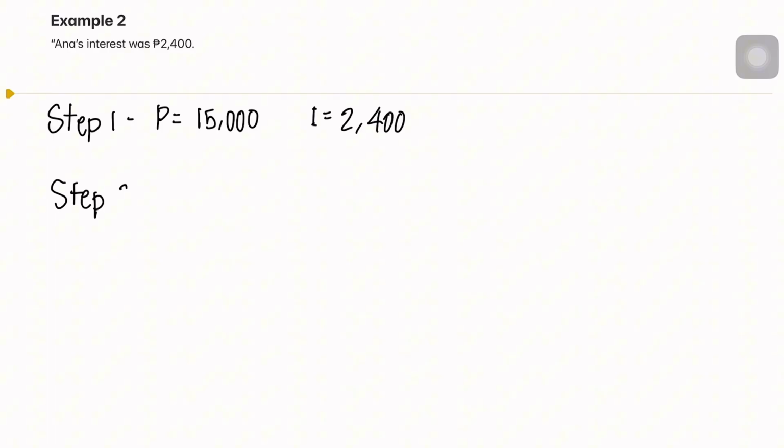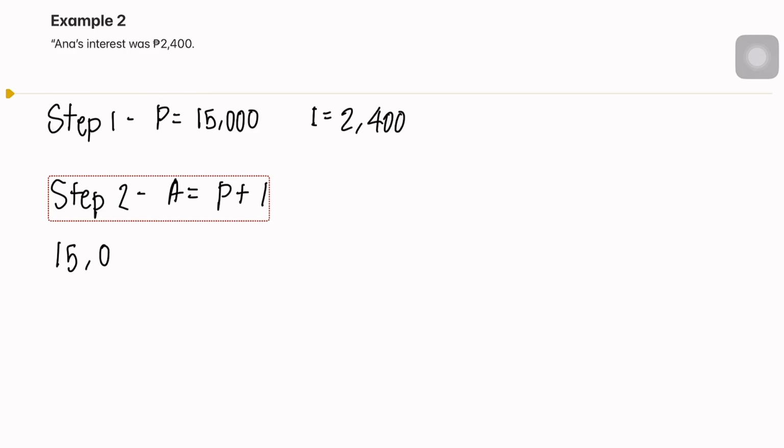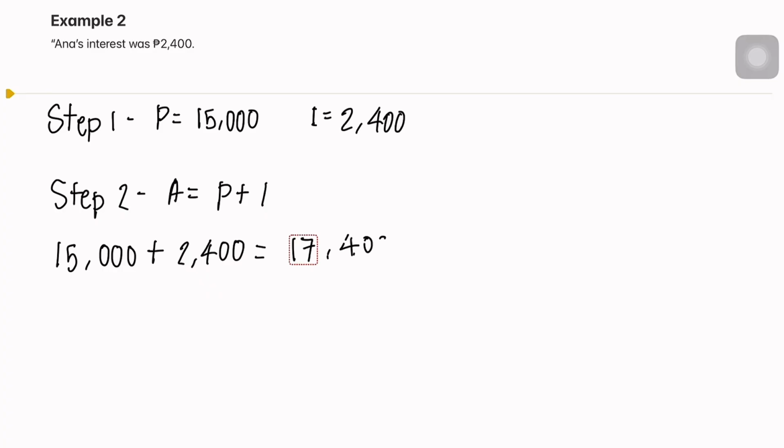Step 2, let's add the principal and the interest using the formula A equals P plus I. So 15,000 plus 2,400 is equal to 17,400. So that's the future balance that Anna will pay next time.